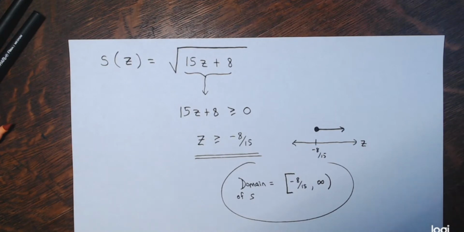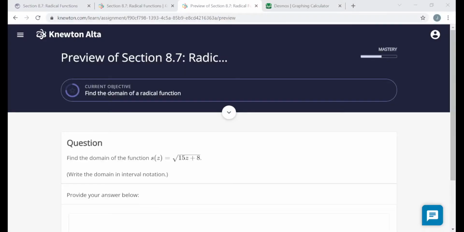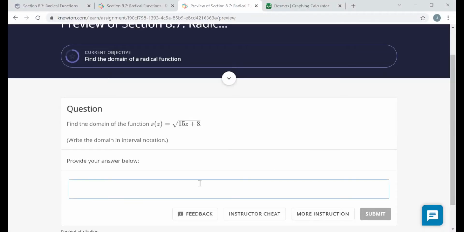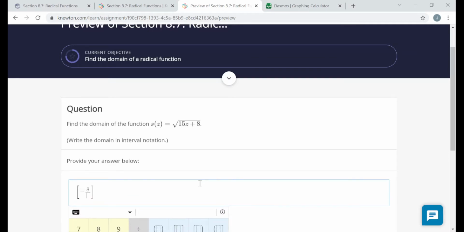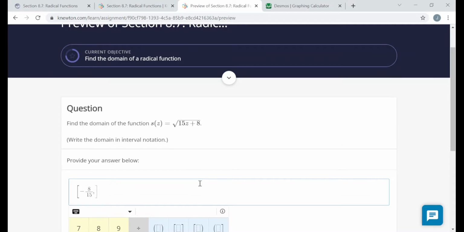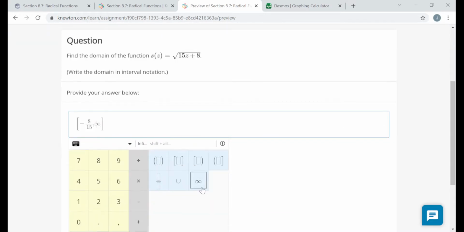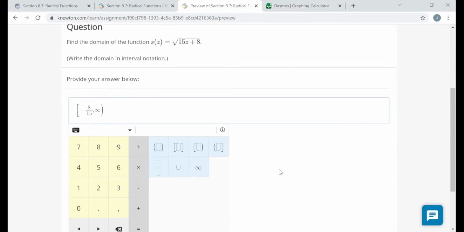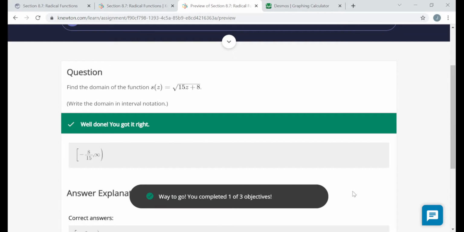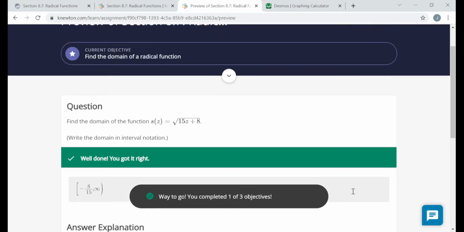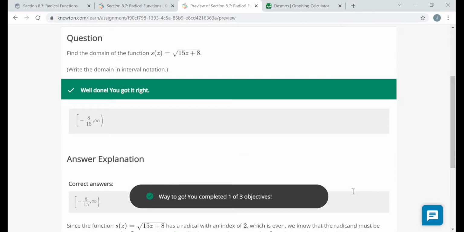I'm going to enter that in the assignment. So bracket negative 8/15, comma, infinity, then parentheses always on infinities. Great. Alright, so the objective there with finding the domain of a radical function is over.